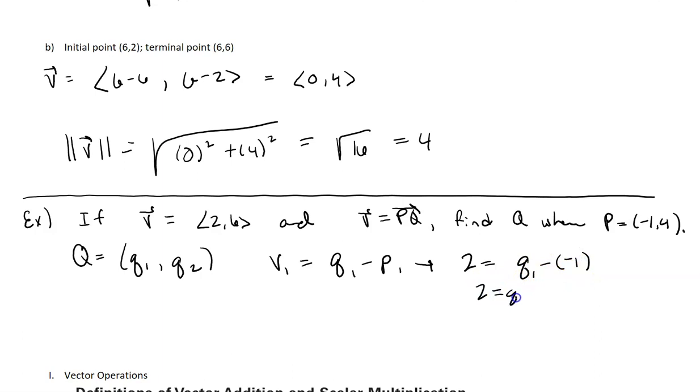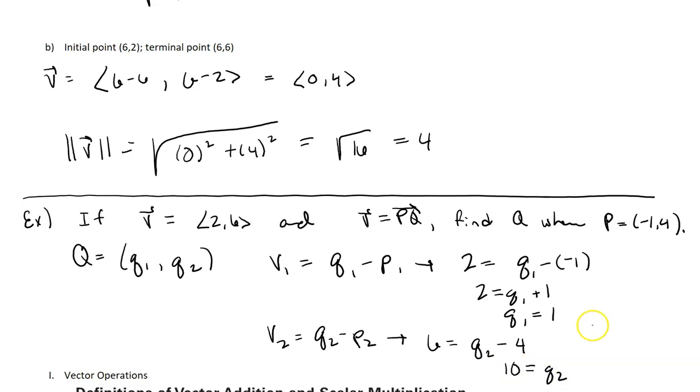So 2 equals Q1 plus 1, and Q1 equals 1. We know that V2 equals Q2 minus P2. So 6 equals Q2 minus 4, which tells me that 10 is equal to Q2 if I add 4 to both sides. So I get that Q is the point 1, 10.